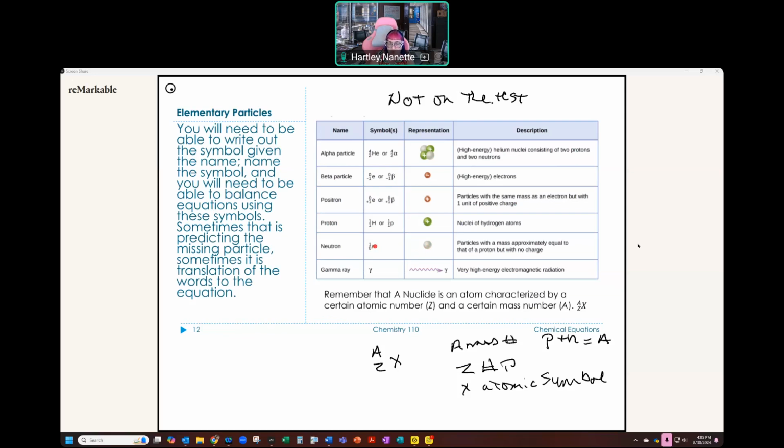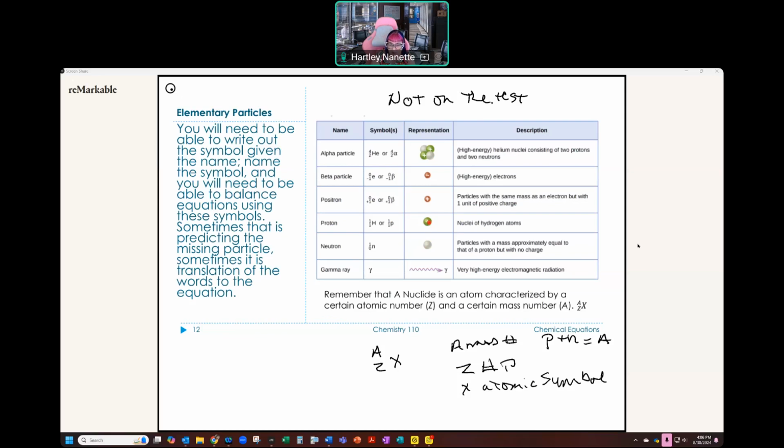Okay, we've talked about those before. So they're half the mass of a nucleus. It's typically what we talk about. We can talk about a proton, which is 1, 1, H or 1, 1, p. Okay, so that's what we look at when we talk about a hydrogen nucleus. Okay, so it's the nucleus of a hydrogen atom. It is symbolized by a plus.